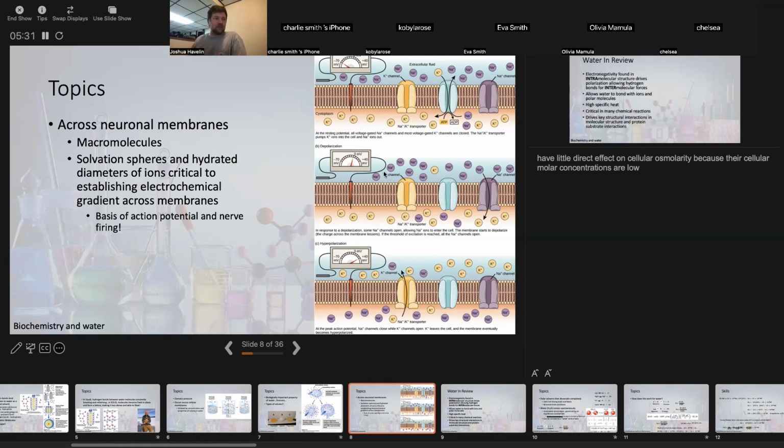So specifically for neurons, neurons very tightly regulate the concentration of sodium outside the cell as well as potassium inside the cell, because in order for neurons to generate an action potential and communicate over long distances, they exploit those differential concentrations of solutes to generate an action potential, which we could talk about more if someone has a question about it, I suppose.